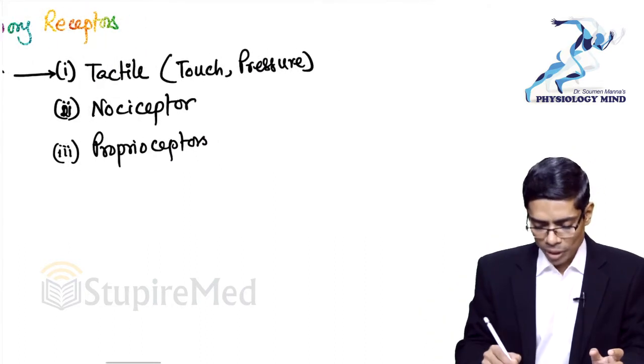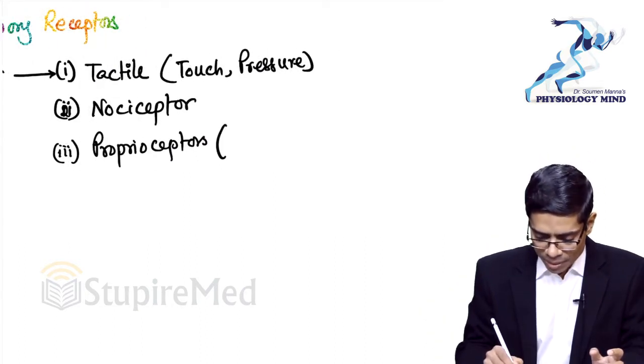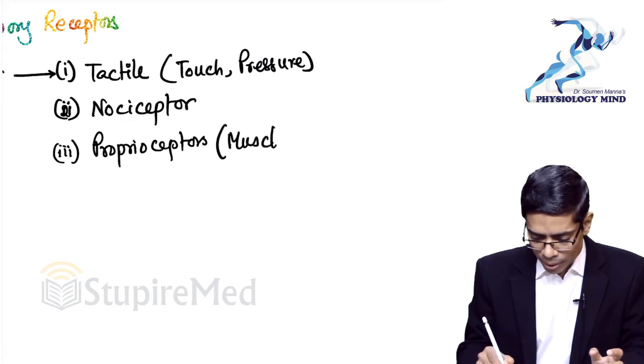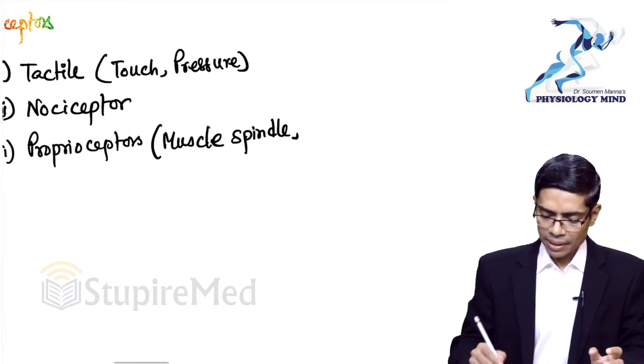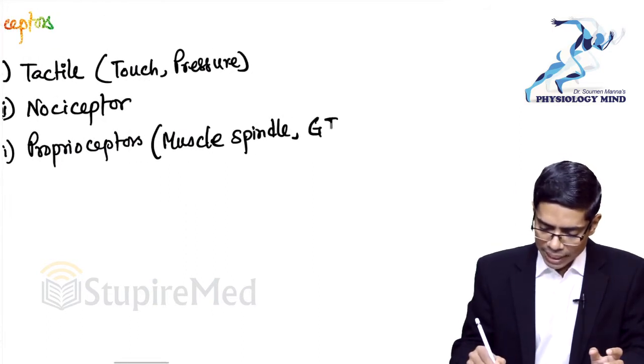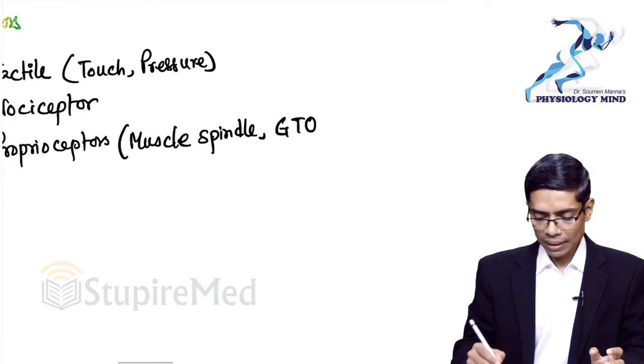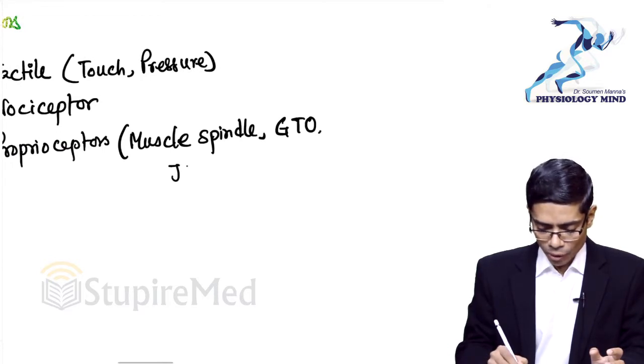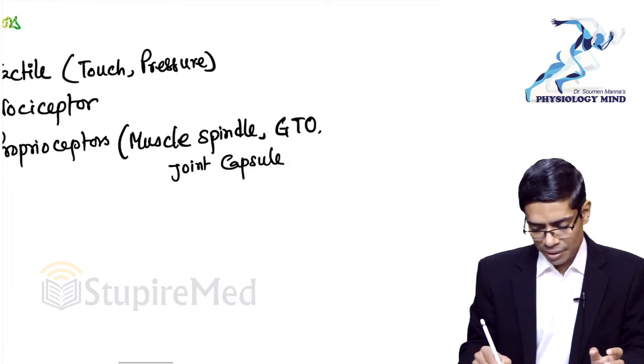So what are the proprioceptors? Number 1, muscle spindle, the most important proprioceptor. Second, Golgi tendon organ, and third is the joint capsule receptor.